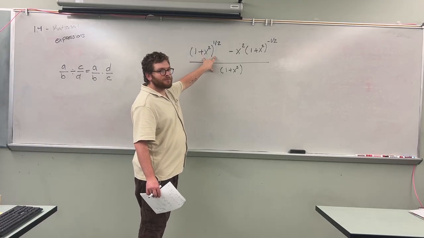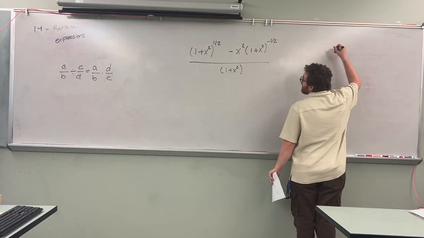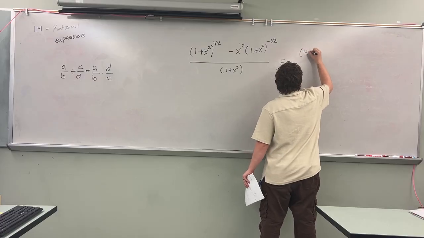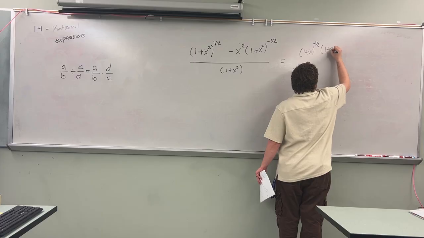I'm going to rewrite this (1 + x^2)^(1/2) as (1 + x^2)^(-1/2) times (1 + x^2).